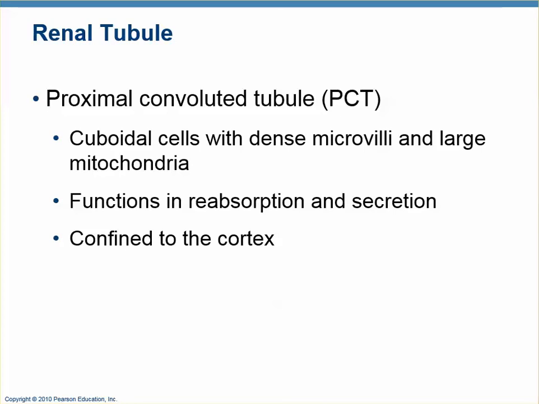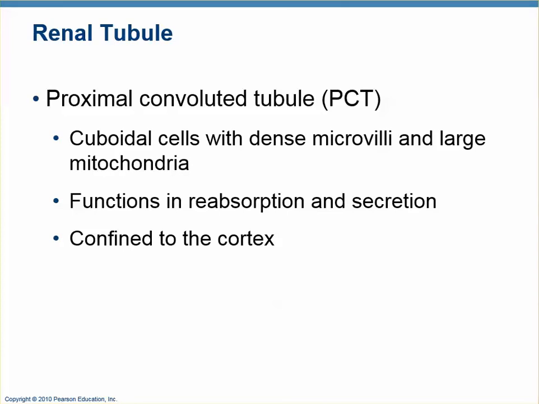So what starts to happen here in the proximal convoluted tubule is we start moving things from the filtrate back into the blood. It's the things that we want to keep. So this would be things like sugars and vitamins and ions.